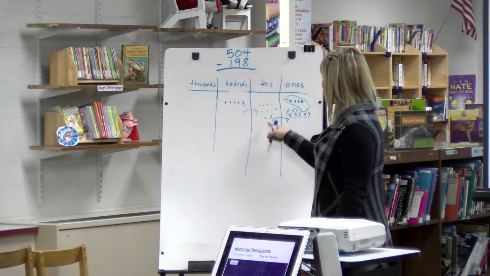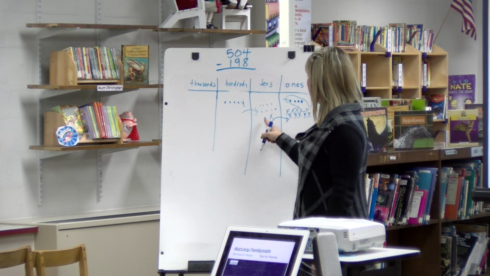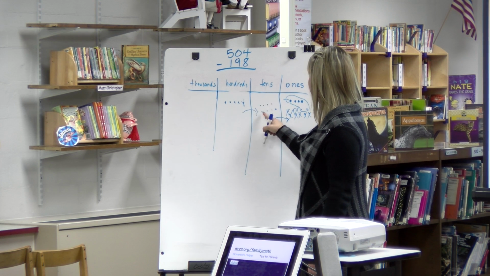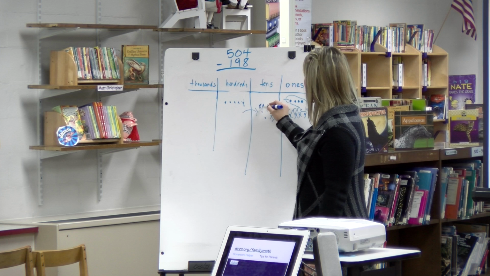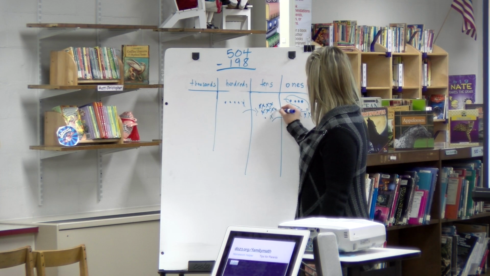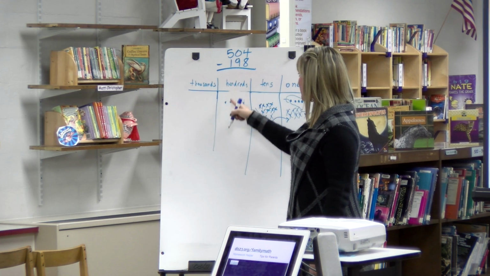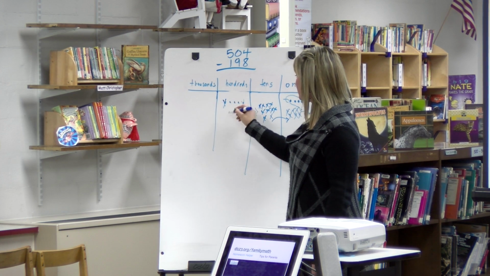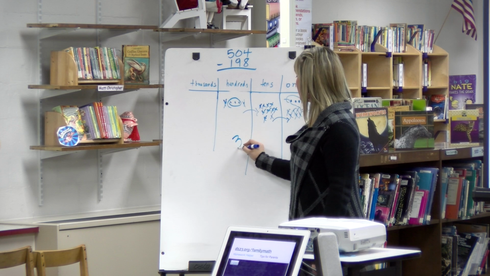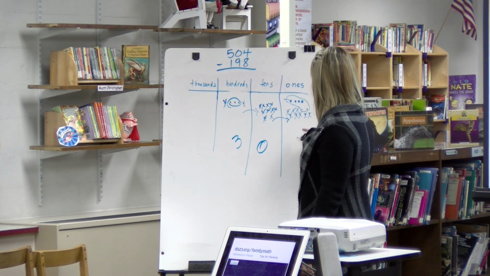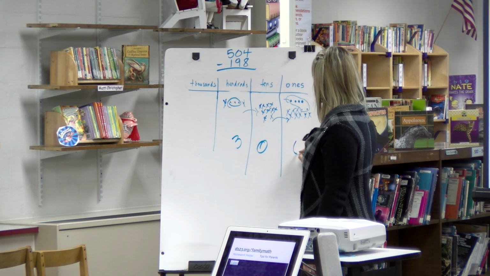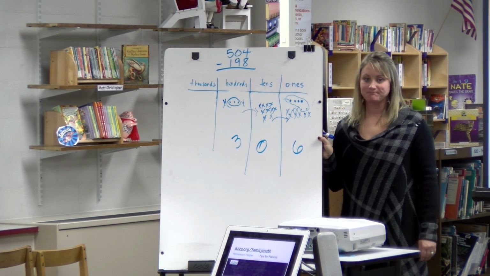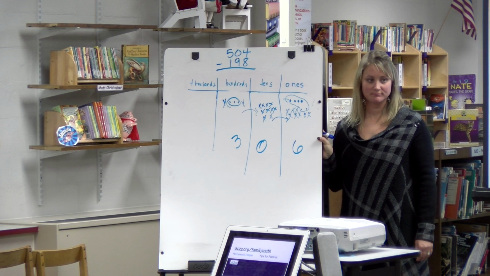Can I subtract 9 from here? 1, 2, 3, 4, 5, 6, 7, 8, 9. Yes, I can subtract all 9. Can I subtract 1 from here? Yes. So my answer is 300. You got it. You did it the traditional way, it looks like, right?